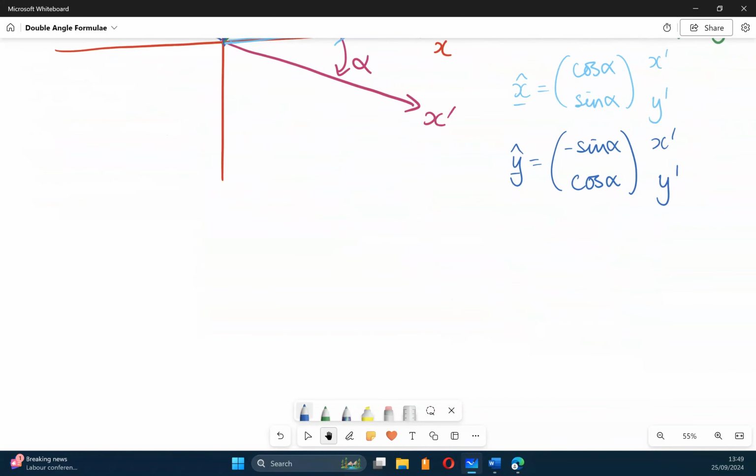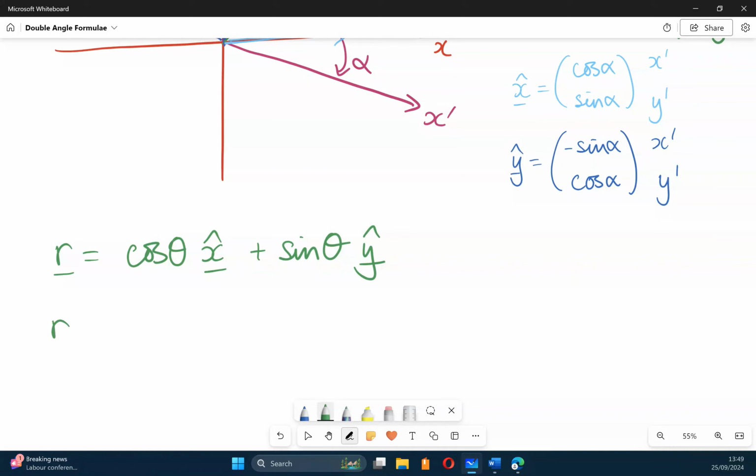So what we're going to do here is write the fact that r is cosine theta of x hat in terms of that x coordinate, and then it's sine theta of y hat. And then we're just going to substitute our expressions here.